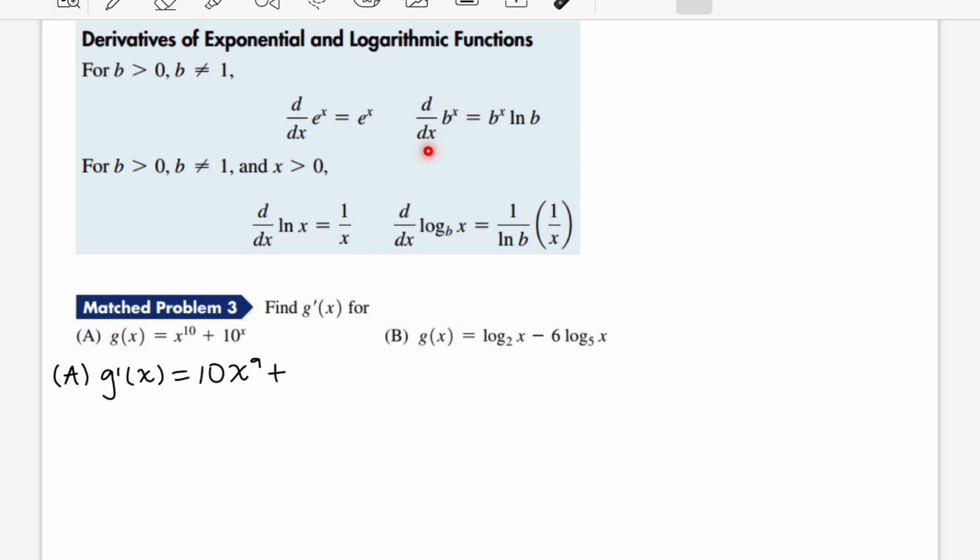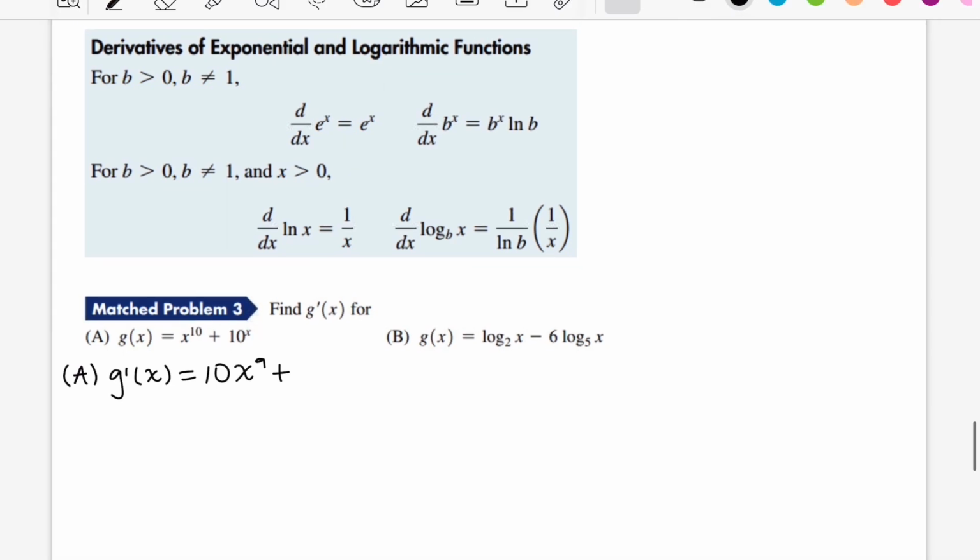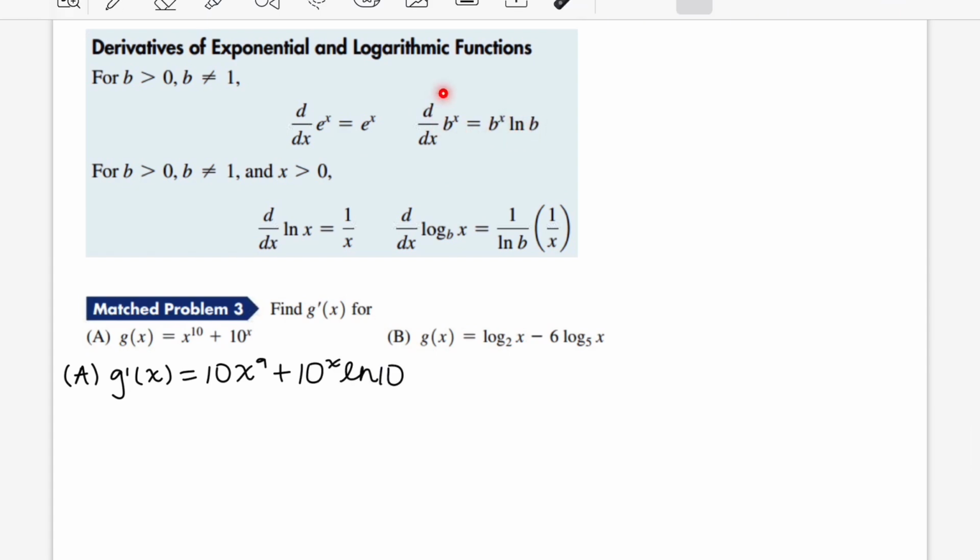So that is the same as this here. Remember, b is just going to be some constant, and it's to the x power. So the derivative of 10 to the x is just going to be 10 to the x times ln of 10, just using the derivative of b to the x here. In this case, b is 10. All right, so that's it for that one. That is our derivative of g of x there.